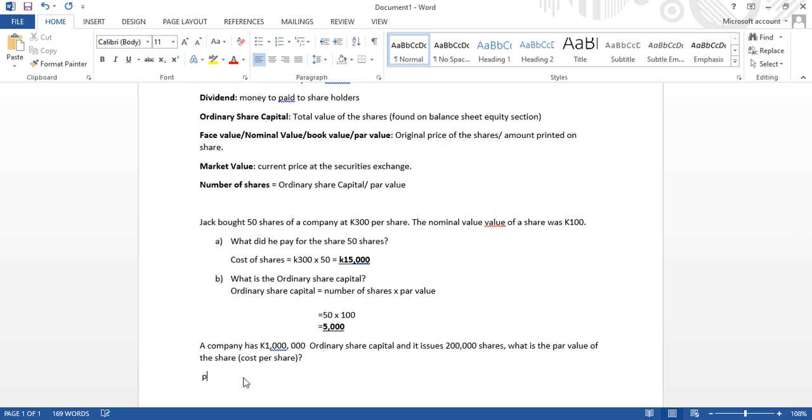I want to find the par value. So par value equals the ordinary share capital divided by the number of shares.